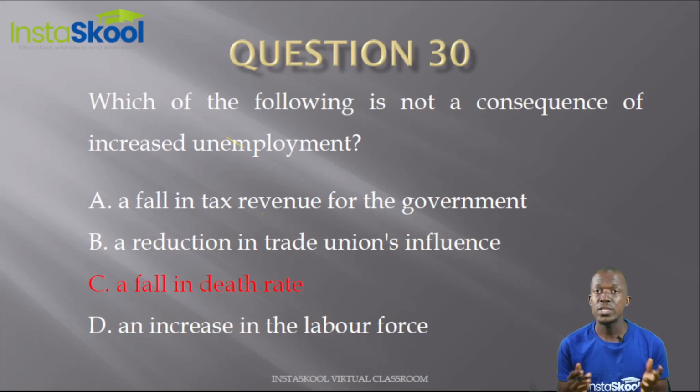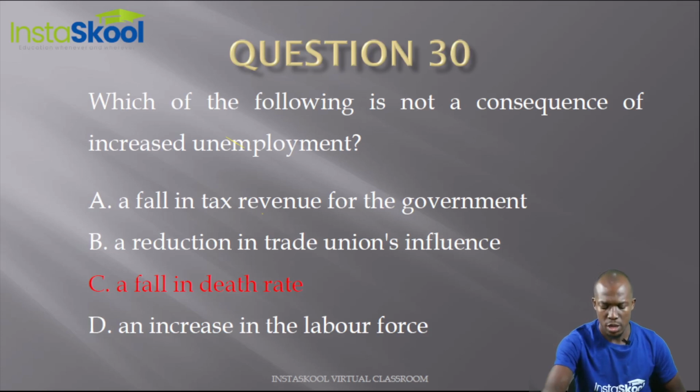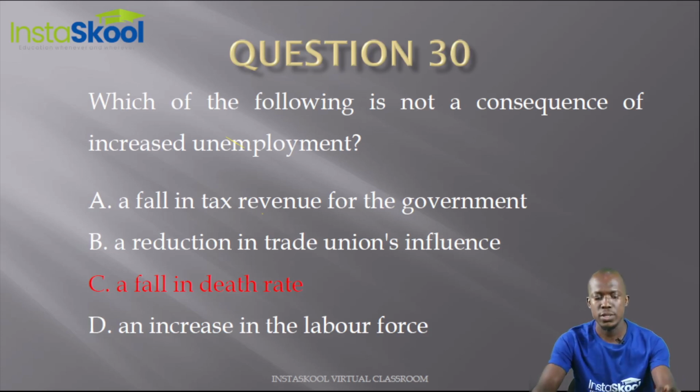Yes, if there is unemployment, we have so many people who can be employed that are idle. So our correct answer, the odd one, is option C. Option C, a fall in death rate.